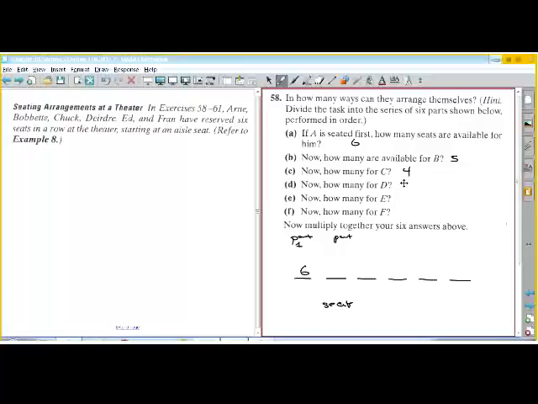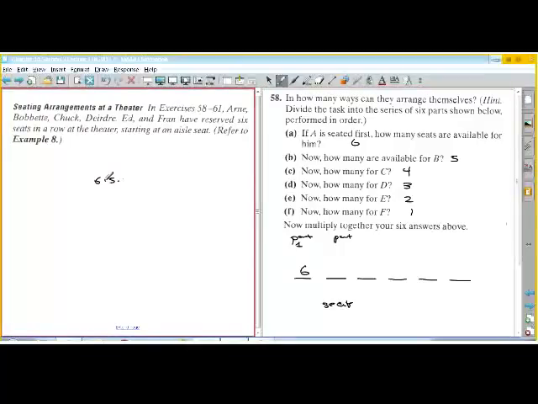Every time you pick somebody and put them in a seat, you've got 1 less choice. And so it says now multiply your 6 answers above to get the answer. So the answer to this first problem is 6 times 5 times 4 times 3 times 2 times 1, which is 6 factorial. I'm just going to multiply the numbers together, and I get 720 different ways.